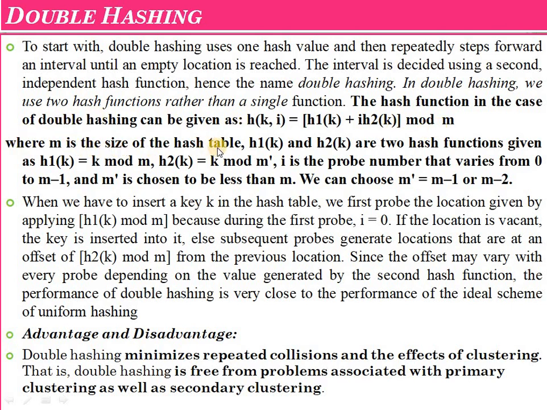Here m is the size of the hash table, and h1(k) and h2(k) are two hash functions. h1(k) = k mod m, and h2(k) = k mod m'. m is the size of the hash table. i is the probe number that varies from 0 to m minus 1. i starts from 0 and the last value for i is m minus 1, that is, hash table size minus 1. m' is chosen to be less than m.